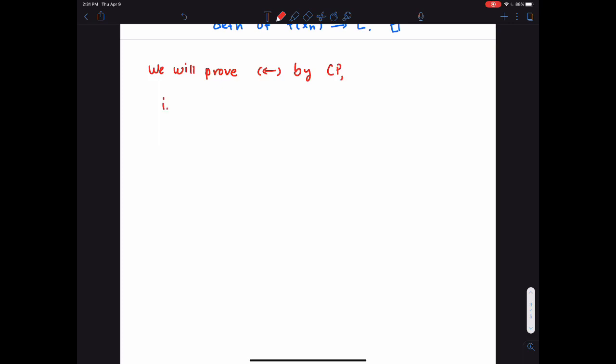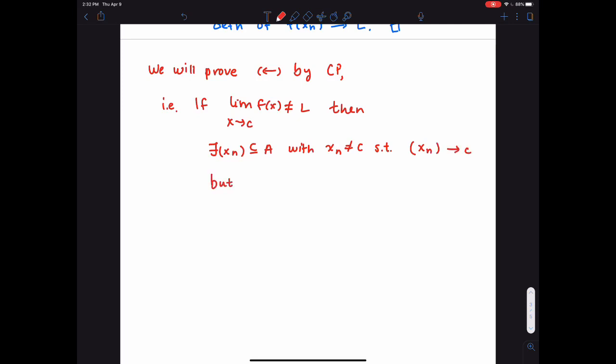So we're going to prove that if the limit as x goes to c of f of x is not equal to L, then there has to exist some sequence contained in A with xn not c, so we're saying there's a path of approach other than at c itself, such that these inputs are going to go to c, but the outputs are not going to converge to L.